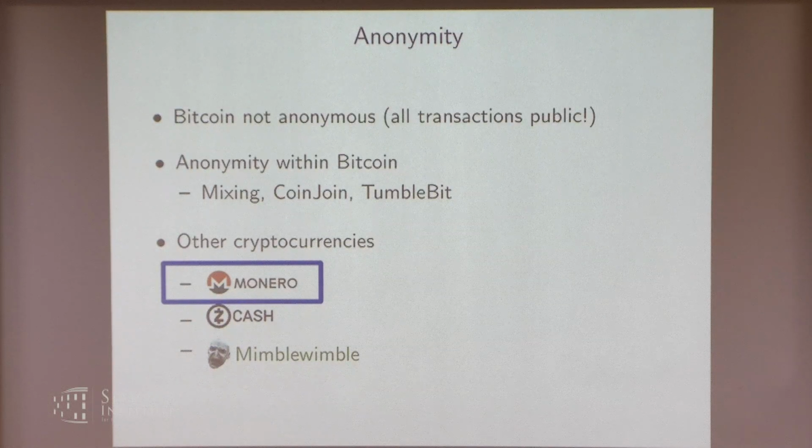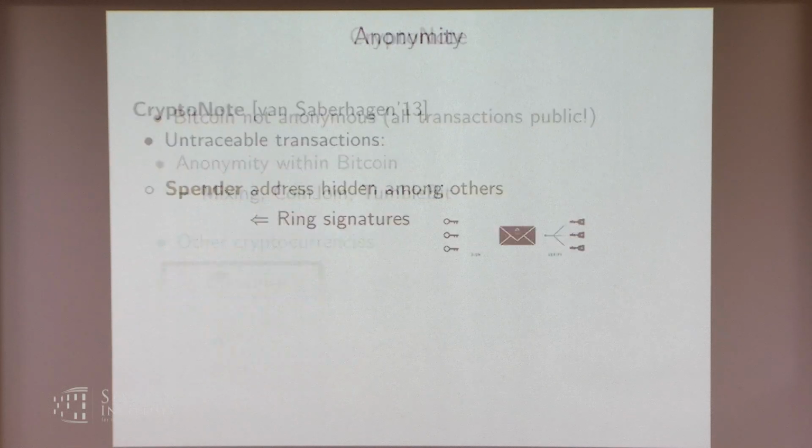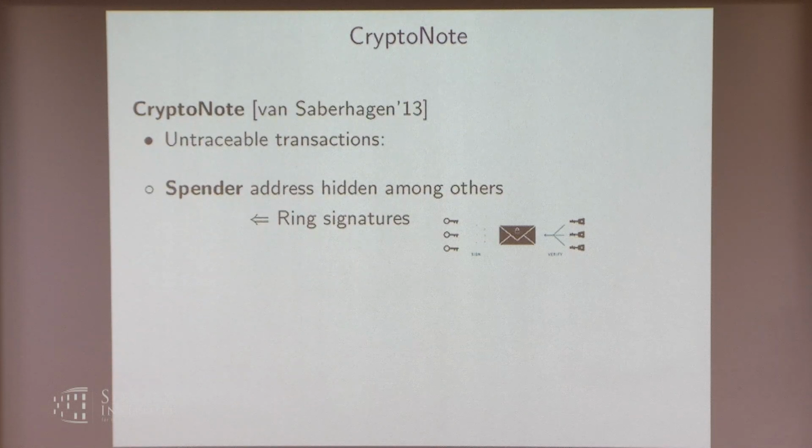Now, let's see what else Monero does besides hiding the amounts. It is based on a proposal called CryptoNote that proposed 2 ways of making payments more anonymous, where one concerns hiding the spender of a transaction, and one is about hiding the receiver.